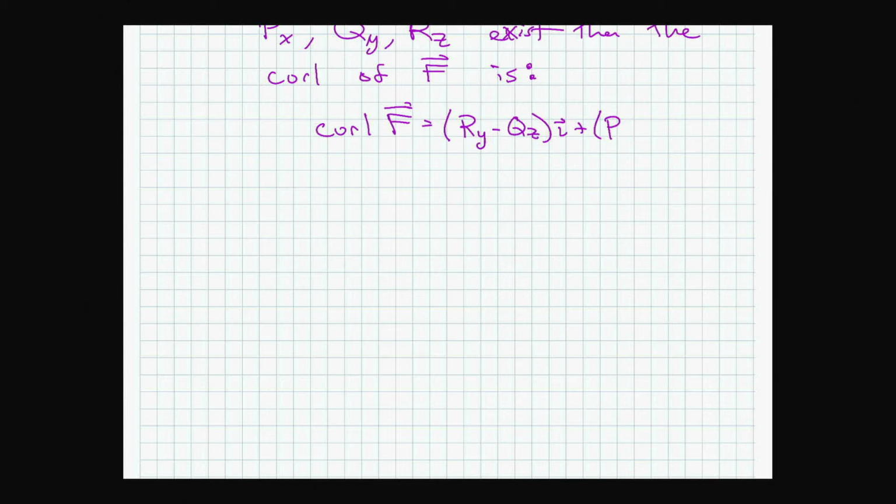plus Pz minus Rx, j, plus Qx minus Py. Gonna move this over.